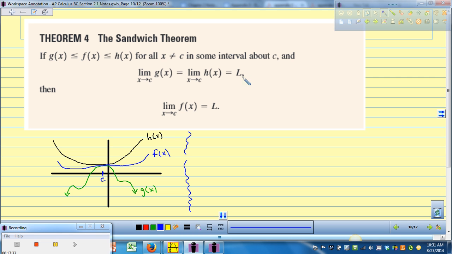Well, then if the limit as x approaches c here for h of x is 5, and the limit as x approaches c of g of x is 5, then what must be the limit for f of x as x approaches c? It is sandwiched in between them. This is also called the squeeze theorem. Okay? Then the limit for f of x would also be 5. So if the outside functions have the same limit, then the one in between will have the same limit as well.